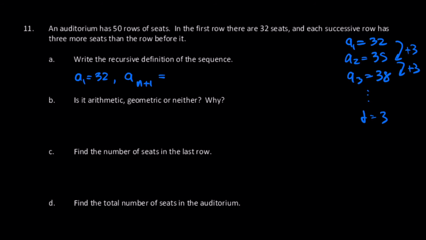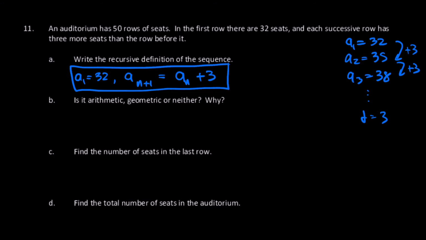I'll use n plus 1 here, which relies on the previous term. So what are we doing to the previous term? Well, we're adding 3 to it. So I have to represent the previous term. If the next term is A sub n plus 1, the one that comes before that is simply A sub n. And what are we doing? We're adding 3. So this is the recursive definition, both parts.